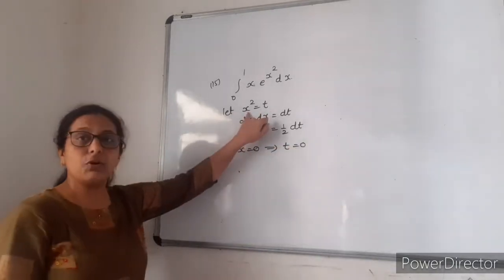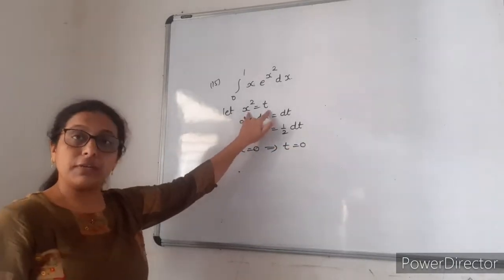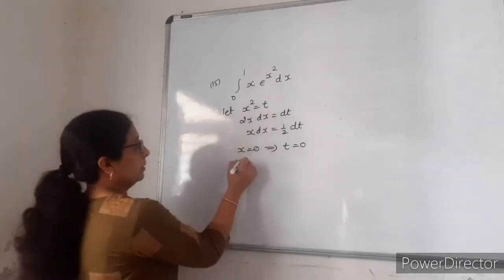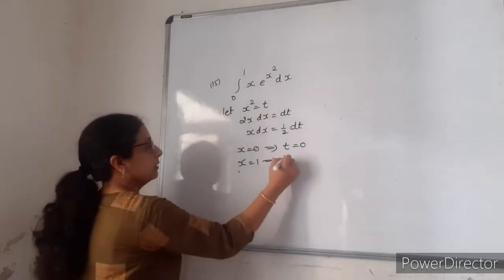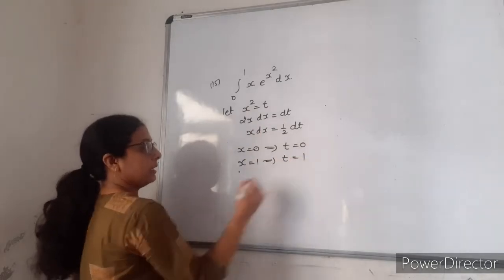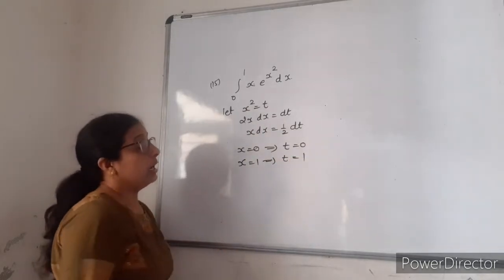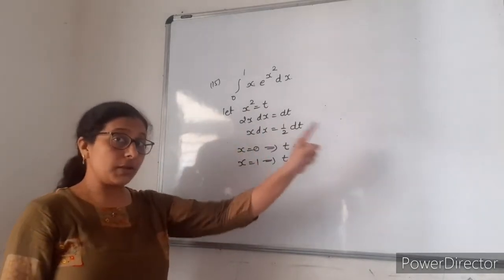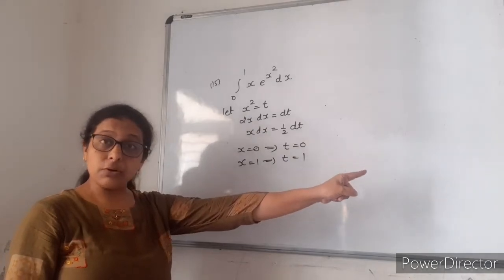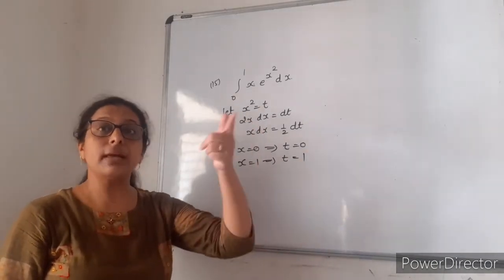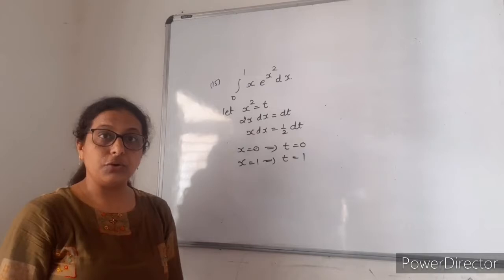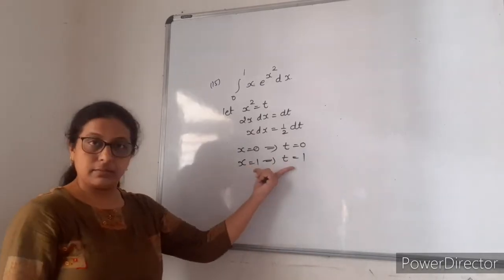You just put the value of x here and change the value of t. Then when x equal to 1, t is 1. So it remains the same. If you forget to do this, you have to replace it with the original value. If you didn't do that either, the answer will be wrong. So don't forget to change the limit.